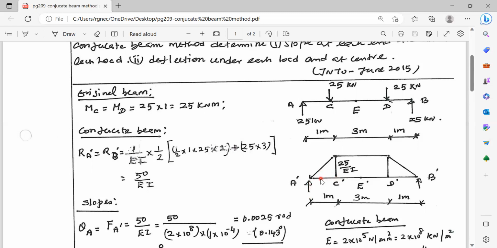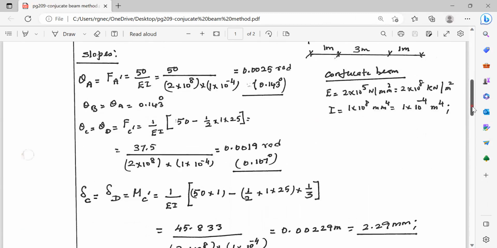This is acting at a distance of 1/3 of its base, that is 1/3 meter, that is 0.33 meter from here. So these two bending moments should be considered for getting the value of the bending moment at C dash, which will be equal to the deflection at C. We will see here. 1 by EI, common factor, take it out. Bending moment due to RA, that is 50 into 1 meter.